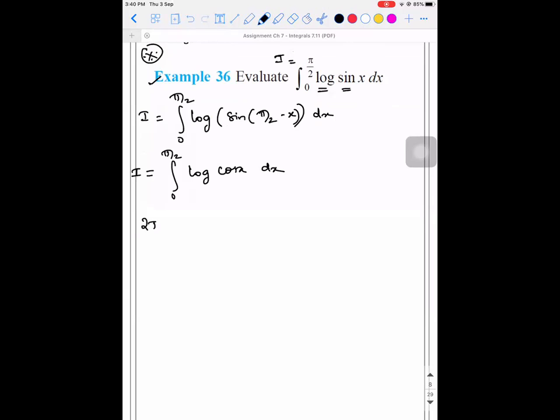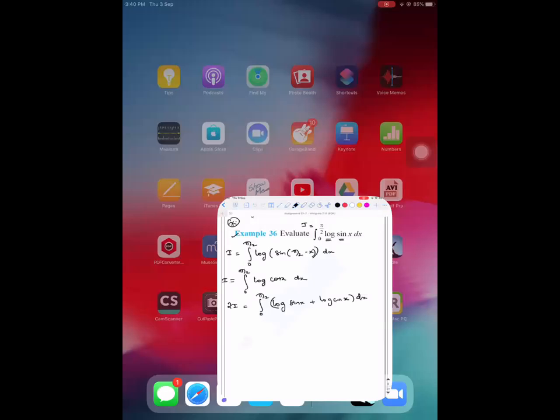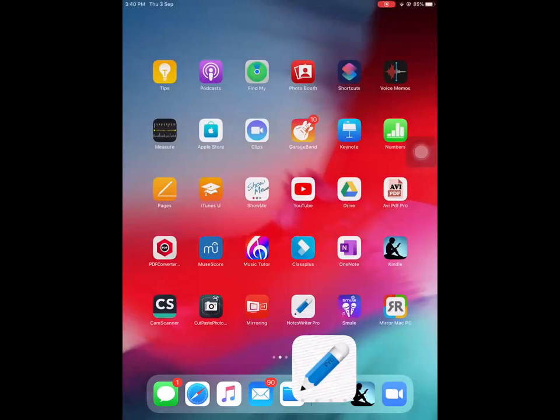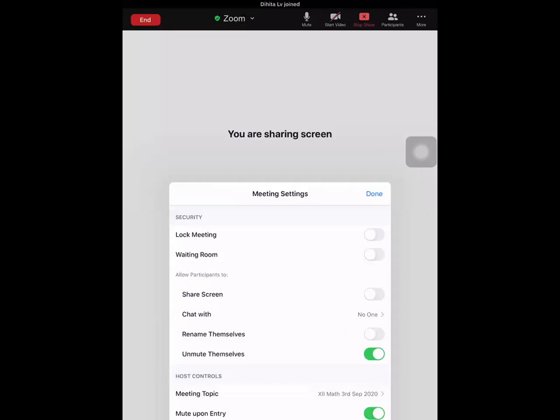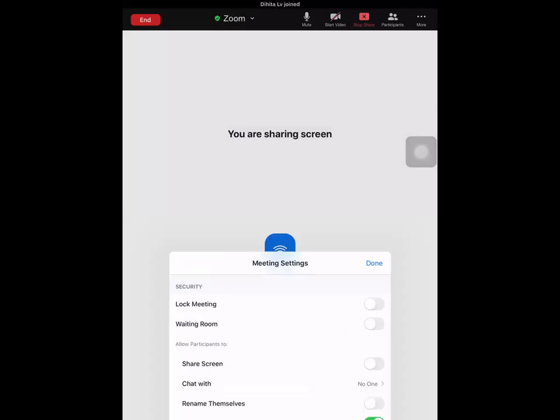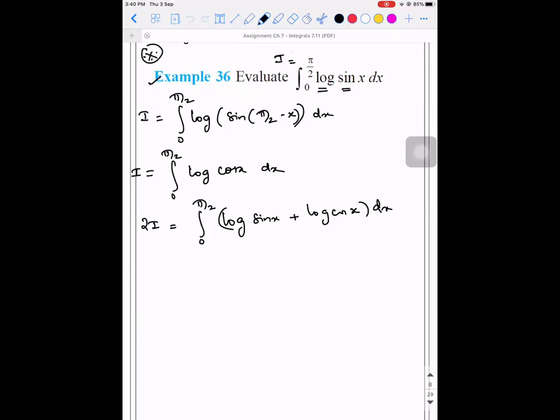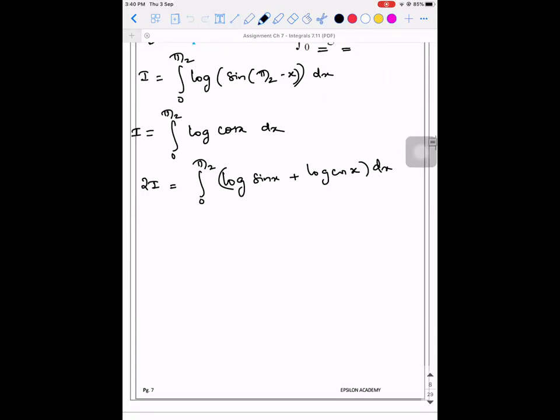Add both. So 2I will be equal to integral of 0 to pi by 2 log of sin x plus log cos x dx. So what will you get?